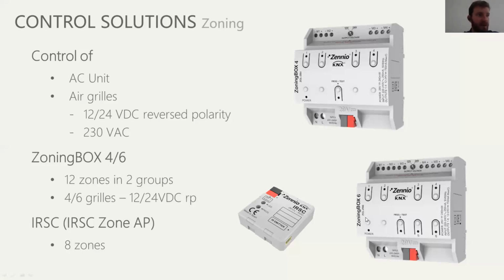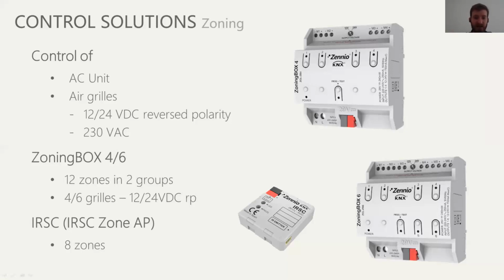And again, this is to work with reverse polarity, but if you had 230 volt grills, you could have the thawing doing the logic and then sending the order to the 230 volt actuator, or to the relay actuator, or to whatever actuator you actually have controlling the grills, where the grills are wired.